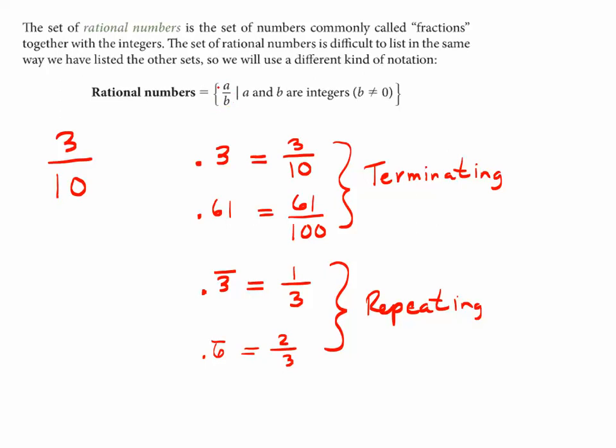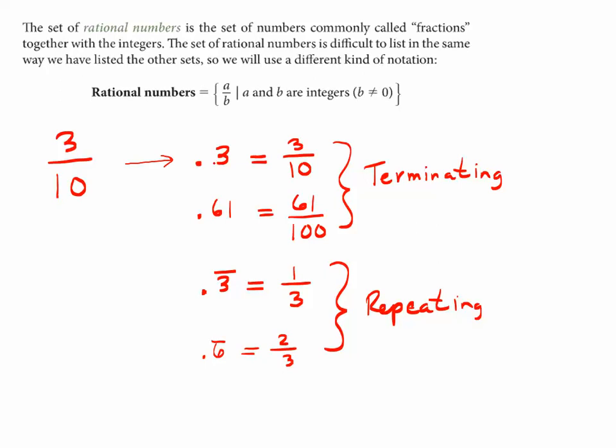But let's think about this. When we talk about fractions, we really are thinking about decimals, because decimals and fractions are the same. They're just a different form. So whenever I see something like 3/10, isn't that really the same thing as this part right here? That's 3/10 right here.